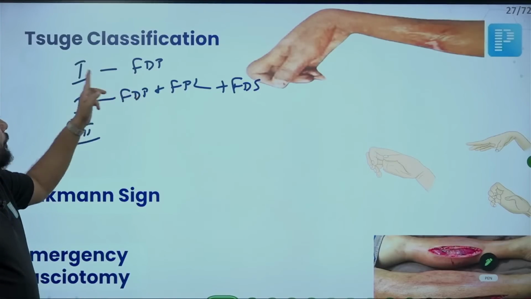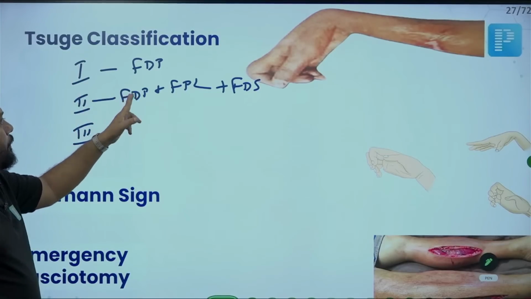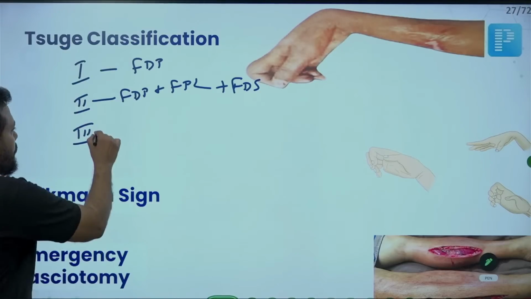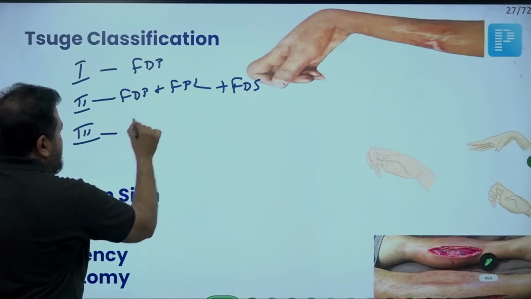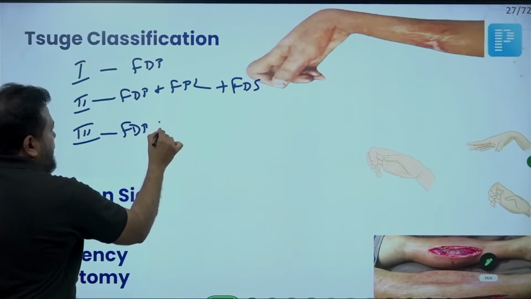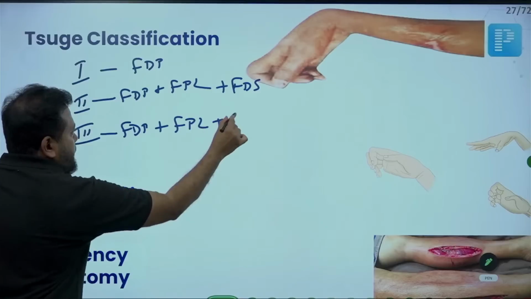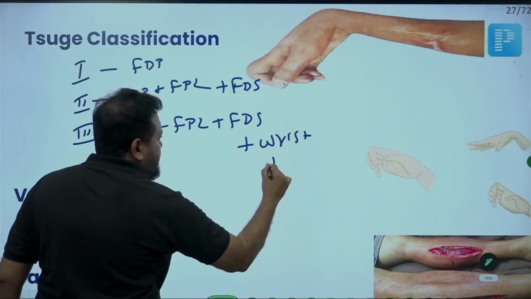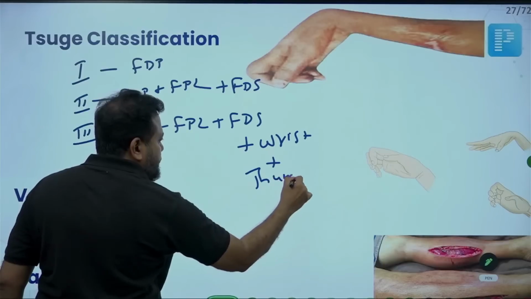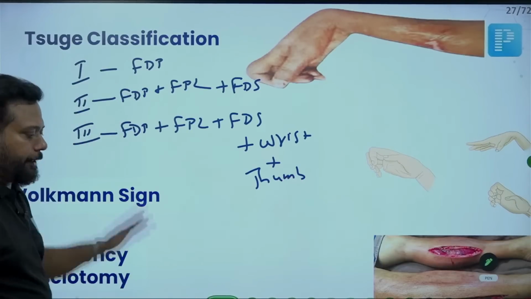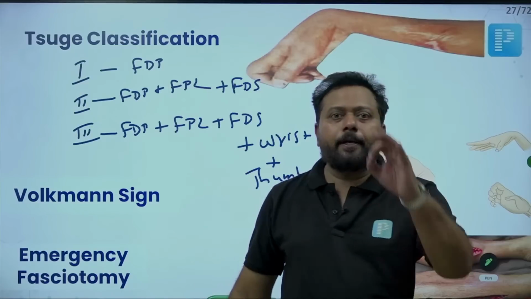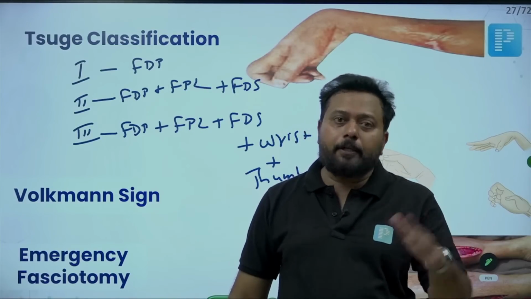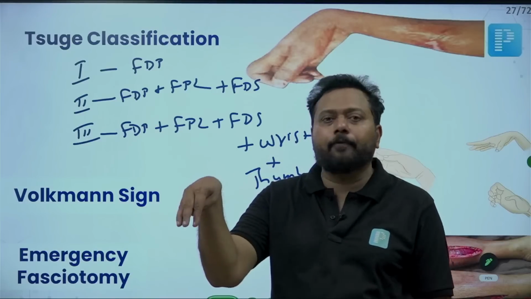Type 3, all these three, FDP plus FPL plus FDS, plus wrist flexors plus thumb flexors. What is type 1? Only FDP. Type 2, FDP plus FPL plus FDS. Type 3, all the 3 muscles with wrist flexors and thumb flexors.